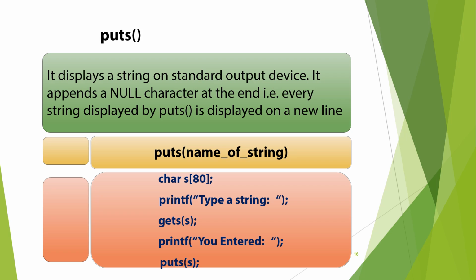So in this example we have used both functions: gets to store the entered string into the string named s, and puts to display the content of the string stored in s. So this is how we can read and write a string.